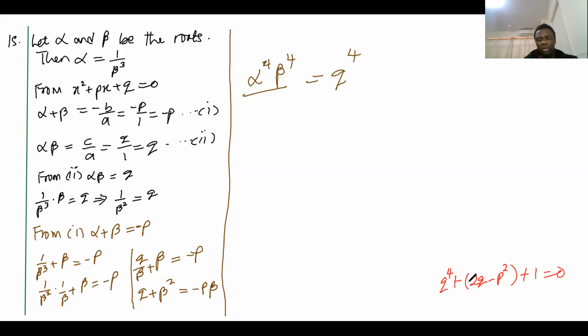Am I doing something wrong from the beginning? 2q will be twice alpha beta. Are you seeing what I'm saying? P squared will be the square of this. Okay, let's try that. That looks a bit weird.